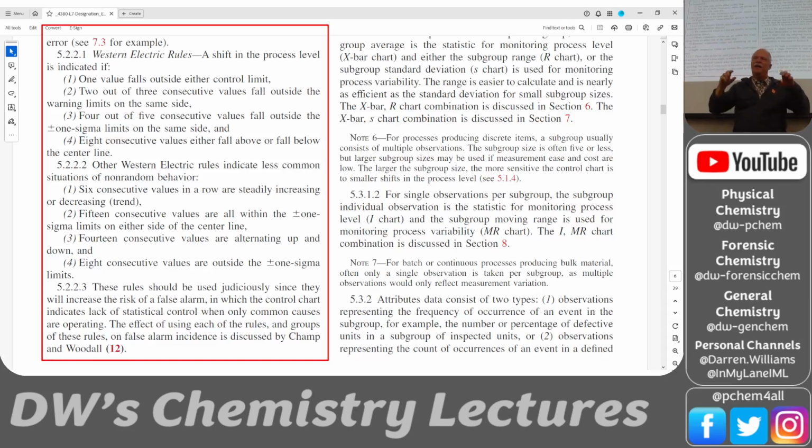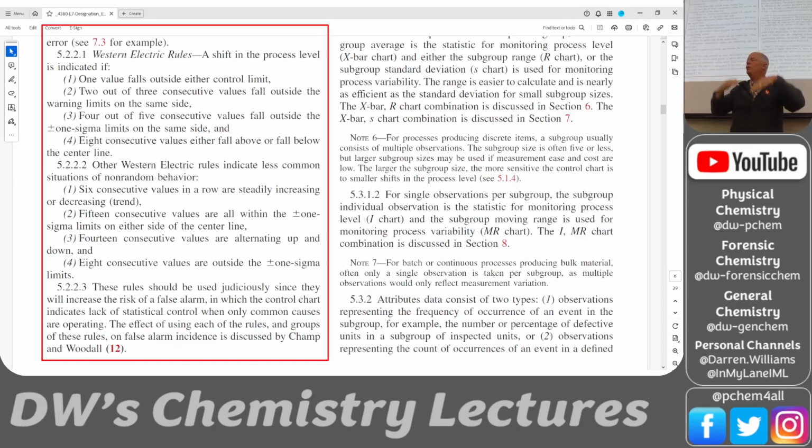So it's saying that our standard deviation is too wide. So it's not always about being outside the action limit. This rule says if the next 15 measurements, not one of those 15 goes outside of 1 sigma, then you don't have realistic limits. Your control limits aren't right. And so you need to reset your standard deviation.